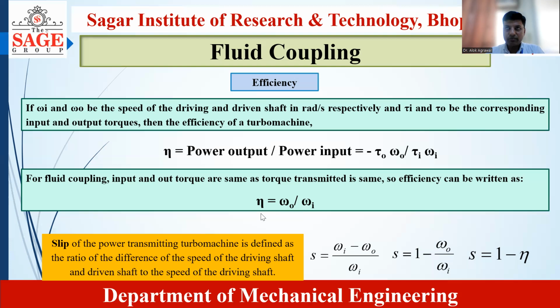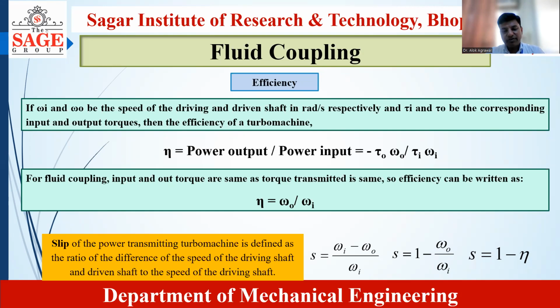So the speed of the output shaft will be less than the speed of the input shaft. So slip is the difference of that speed, meaning input shaft speed will be more: input shaft speed minus output shaft speed, to the input shaft speed ratio.